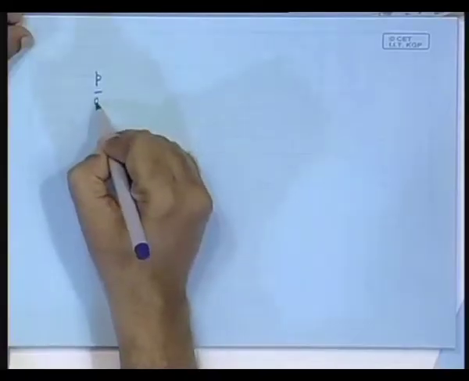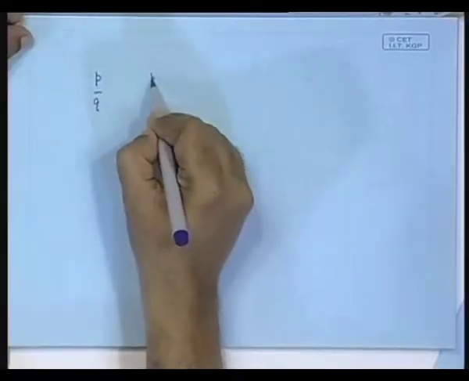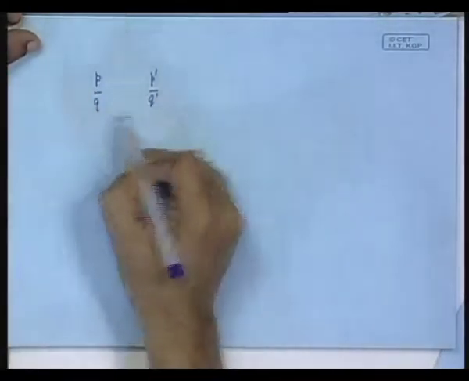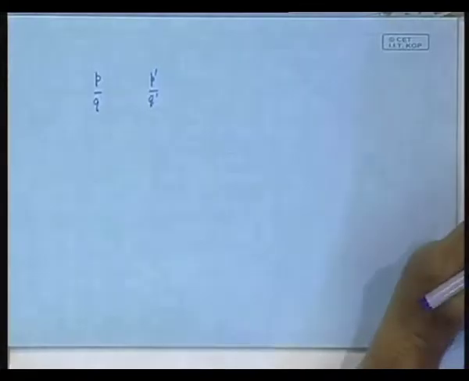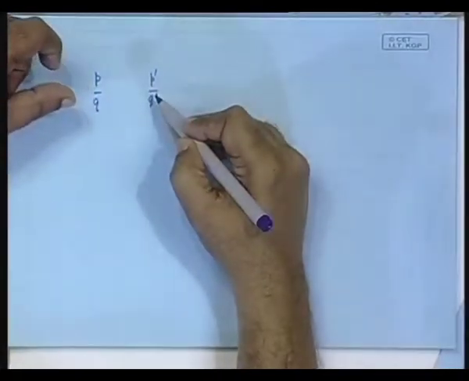Now, forget about dynamics, just consider numbers, 2 rational ratios, P by Q and P dashed by Q dashed. Suppose this is 2 by 3, this is 4 by 7, and suppose these are brought down to the minimum level.